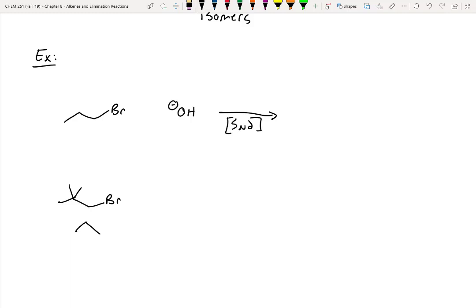Actually, sorry, I'm making this up on the fly, so I'm going to add wedges and dashes here. All right, so for these, let's determine what product or products we'll get out of these.